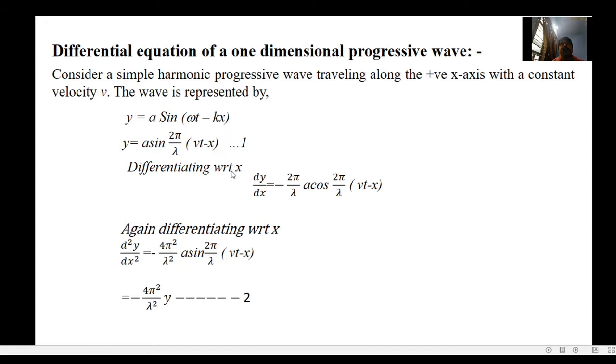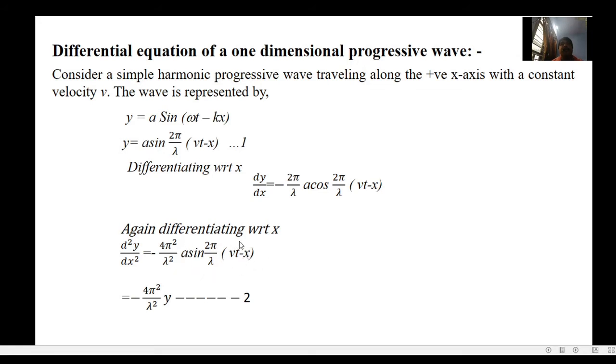Differentiate this equation with respect to x, we get dy/dx = −(2π/λ) a cos[(2π/λ)(vt − x)]. Again differentiating with respect to x, we get d²y/dx² = −(4π²/λ²) a sin[(2π/λ)(vt − x)].